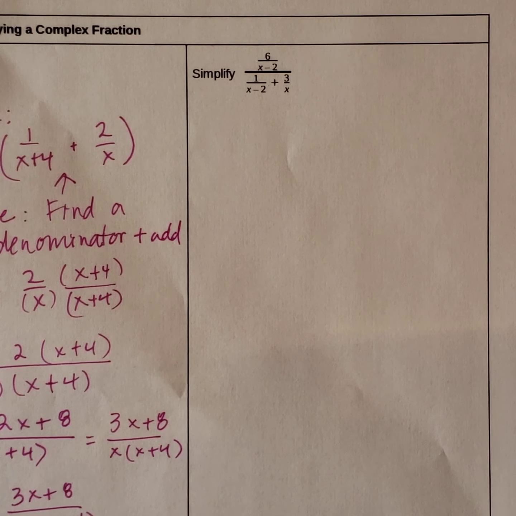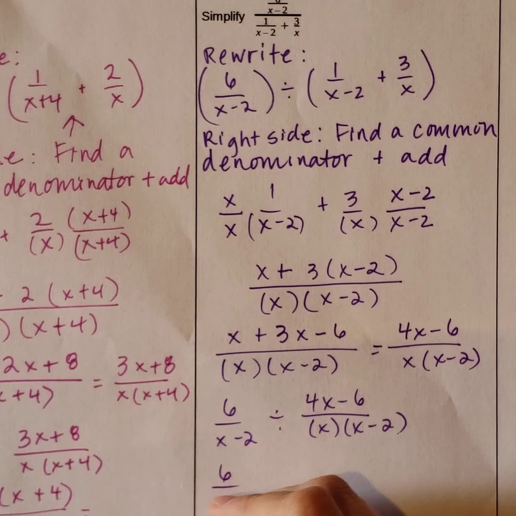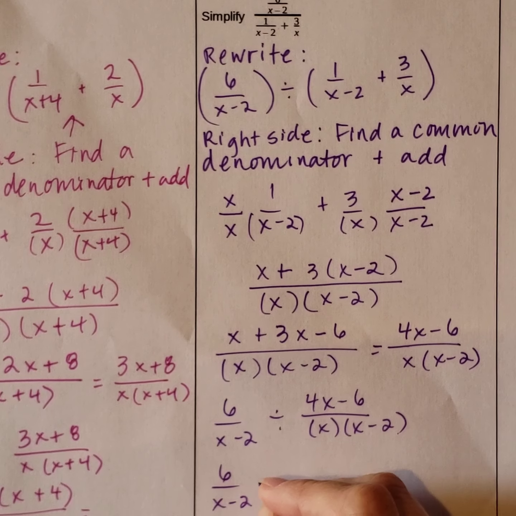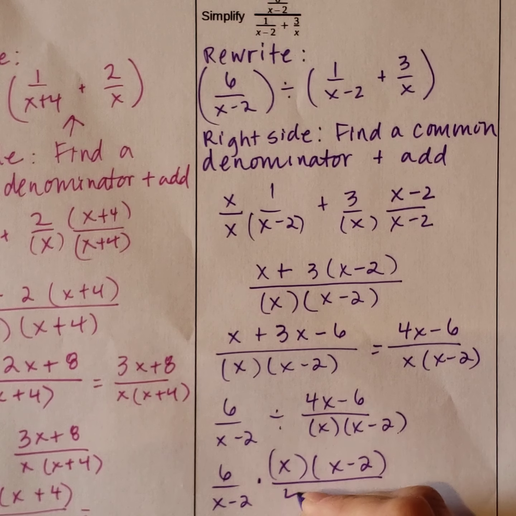We are going to change the division problem to a multiplication problem by flipping this expression on the right. So we have 6 over x minus 2 times x times x minus 2, all over 4x minus 6.